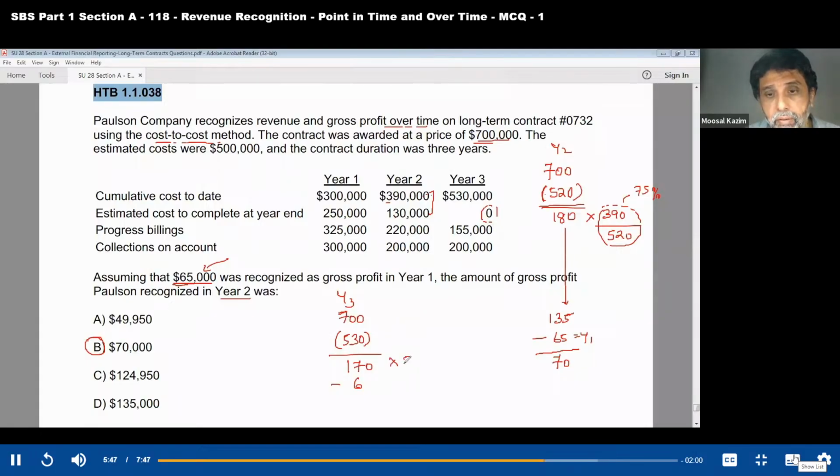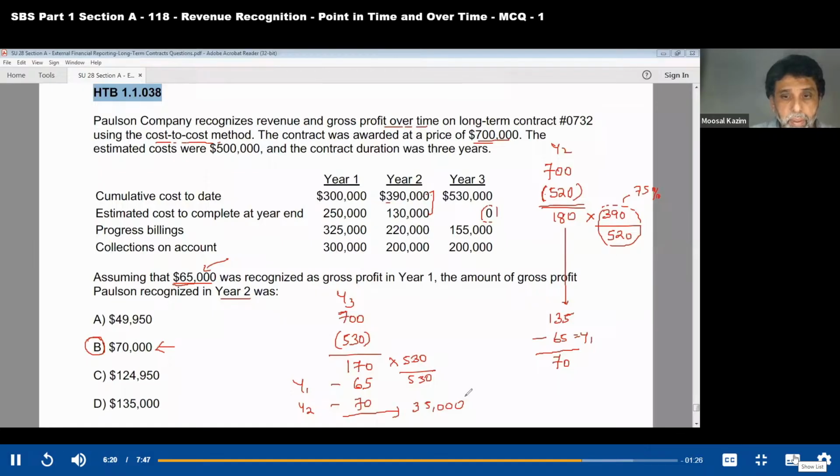It is like 530, the cost incurred, divided by 530, the total cost, so it is 100%. If you want only year 3, subtract from that what we recognized in year 1, 65,000, and what we recognized in year 2, 70,000. What remains would be for year 3. So 170 minus 65 minus 70, so 35,000 is what we would recognize.